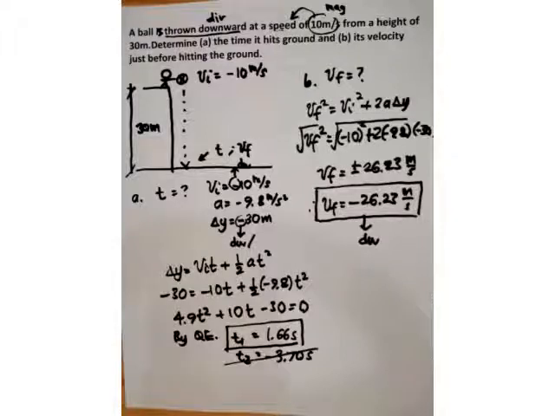We're talking of instantaneous velocity. Meron na kasi tayong acceleration. Nag-a-accelerate na kasi yung object natin. Continuous, constantly siyang nag-a-accelerate. So, pabilis siya ng pabilis.